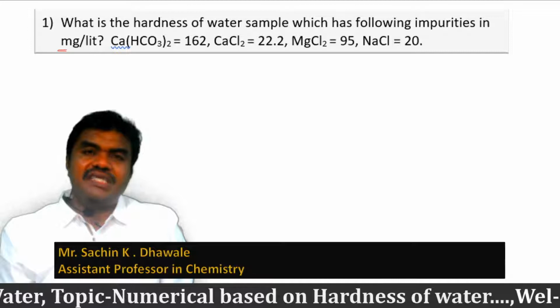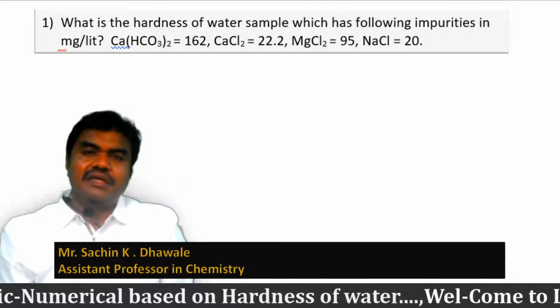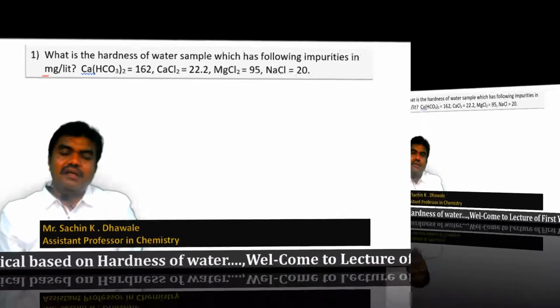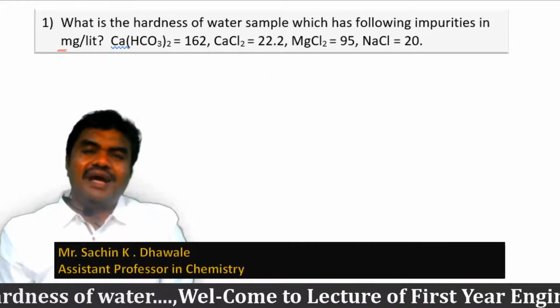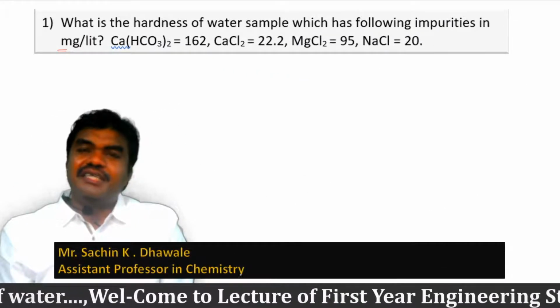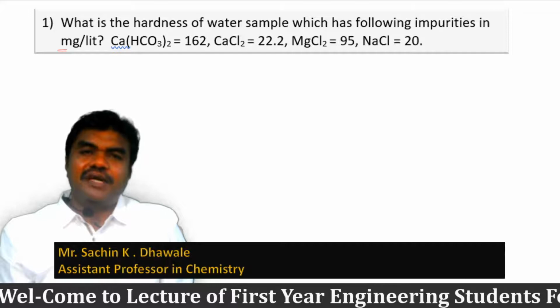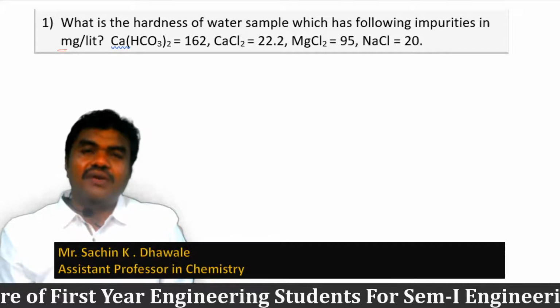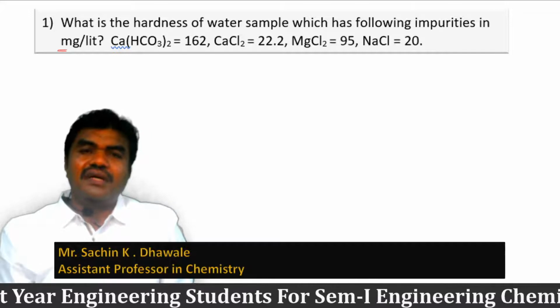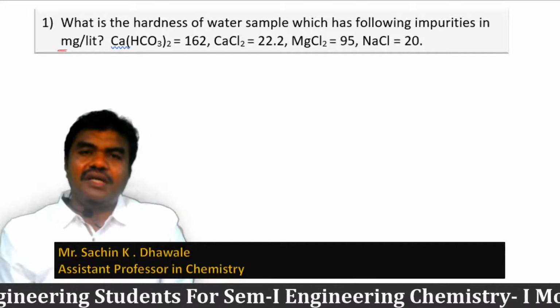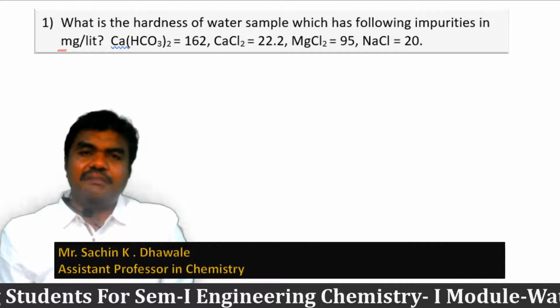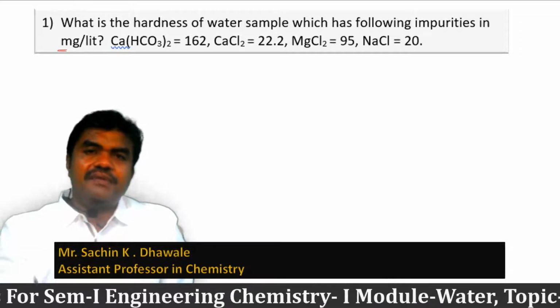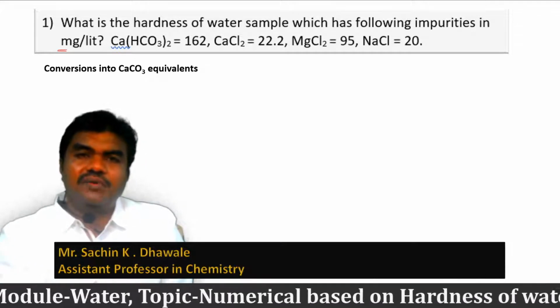The first step is the conversion table. Obviously, the hardness of water is expressed in terms of calcium carbonate equivalent. So it is essential to convert whatever salts are given, with their quantities, into calcium carbonate equivalent. For that purpose, the first step is conversion into calcium carbonate equivalent.